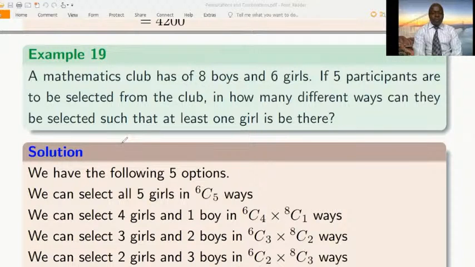So the first group that we see is where all 5 are girls. That means you are selecting 5 girls out of the 6. How many ways can that be done?